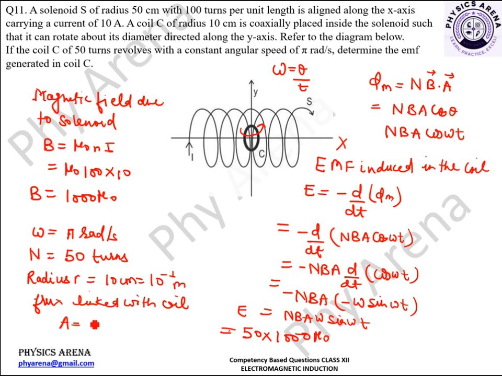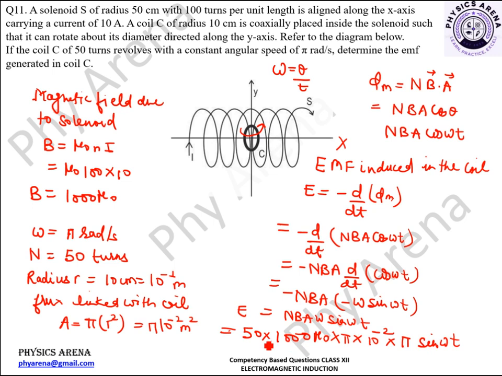So area is equal to pi into r square, that will be equal to pi times 10 to the power minus 2 meter square. So we can write pi multiplied by 10 to the power minus 2, and omega is given to us as pi radian per second. So we can write pi for omega as well, and then sine omega t.